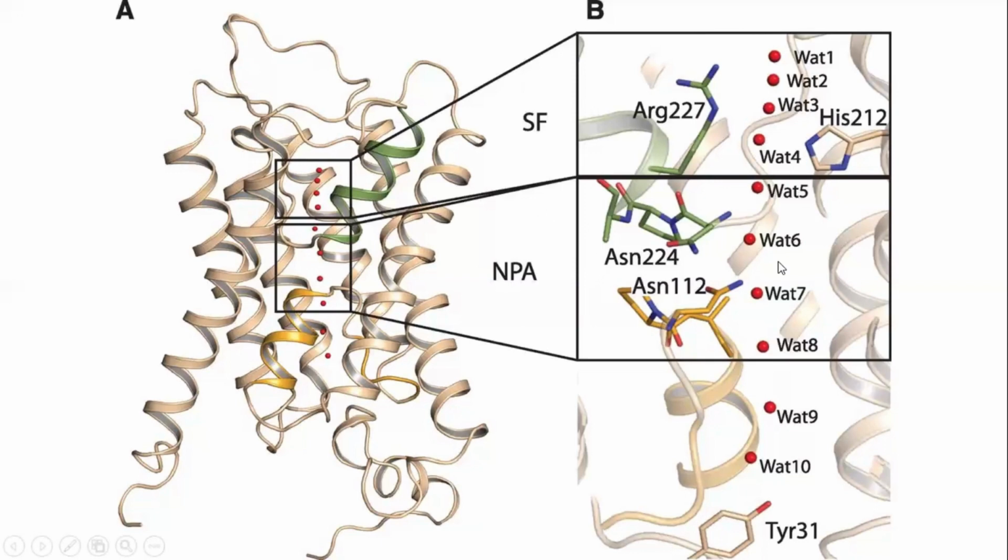So you can see that these selectivity filter is helping in making the interaction with the water molecules, and it is allowing only water molecules to pass through. Clear? What you can remember is that NPA is helping in the water transport. Guys, are you able to follow?